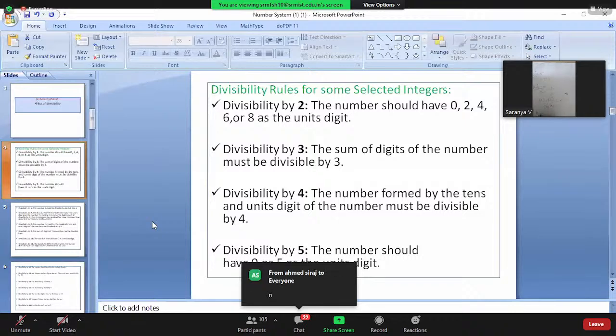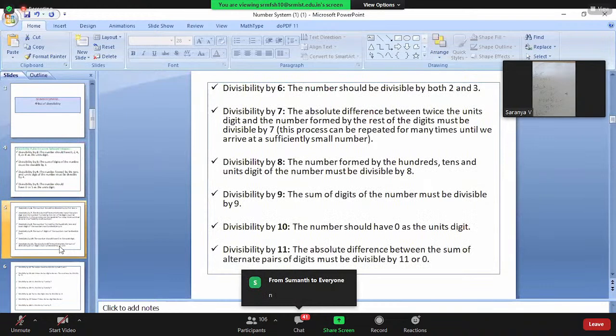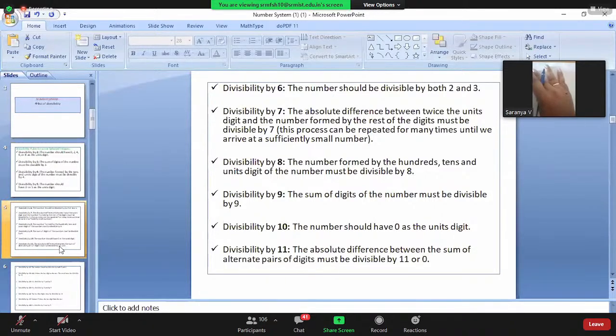And the rule of 7. For example, if I have a 3-digit number, 875, you have to double the unit digit and subtract it from the other number.